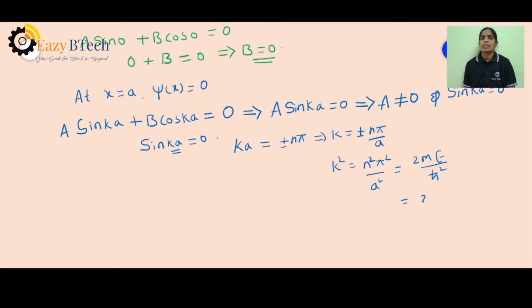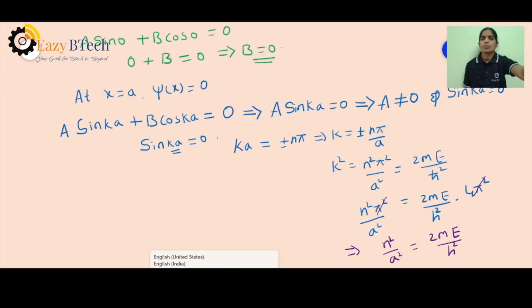Substituting that, h cross square becomes h square by 4 pi square. Pi square is cancelled on either side. Then what will be left for us? n square by a square is equal to 2mE by h square.